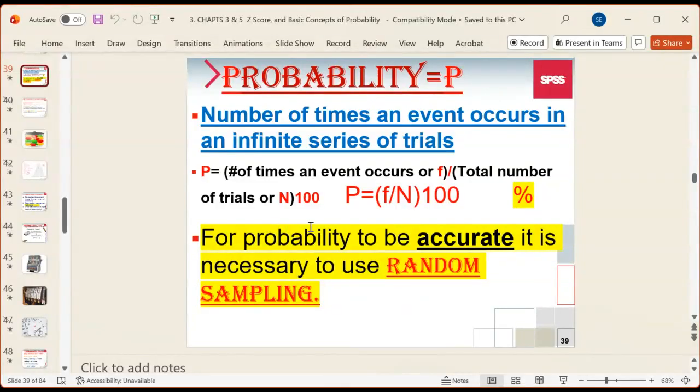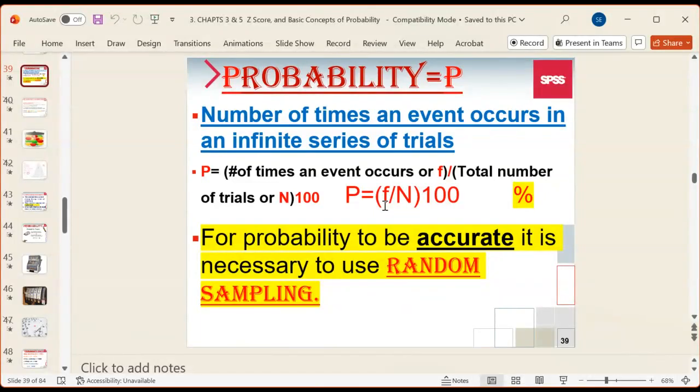F is frequency, or the number of times an event occurs, and N is the total number of trials. So if you have a coin and you flip it, the frequency of getting head or tail for that matter is 1.